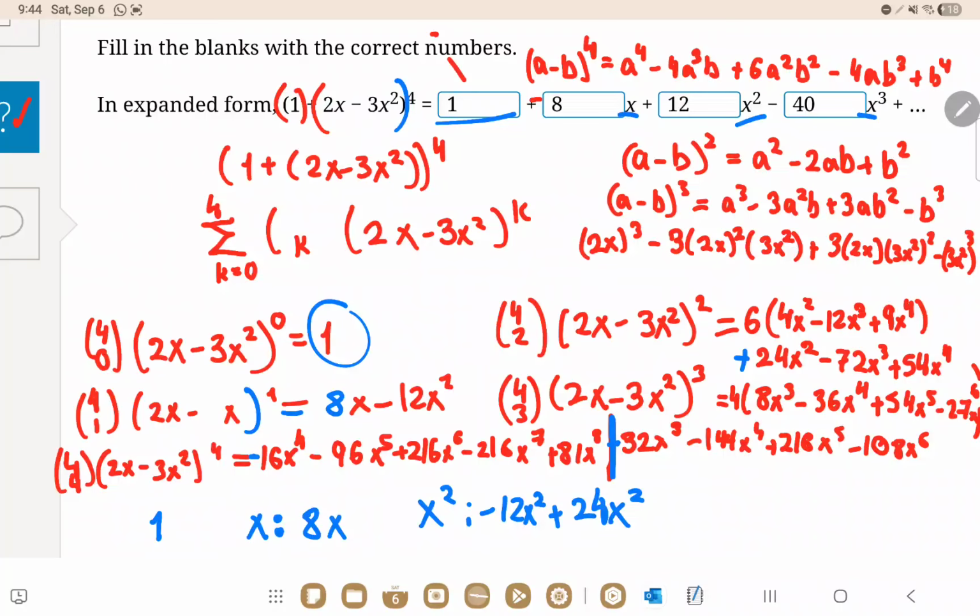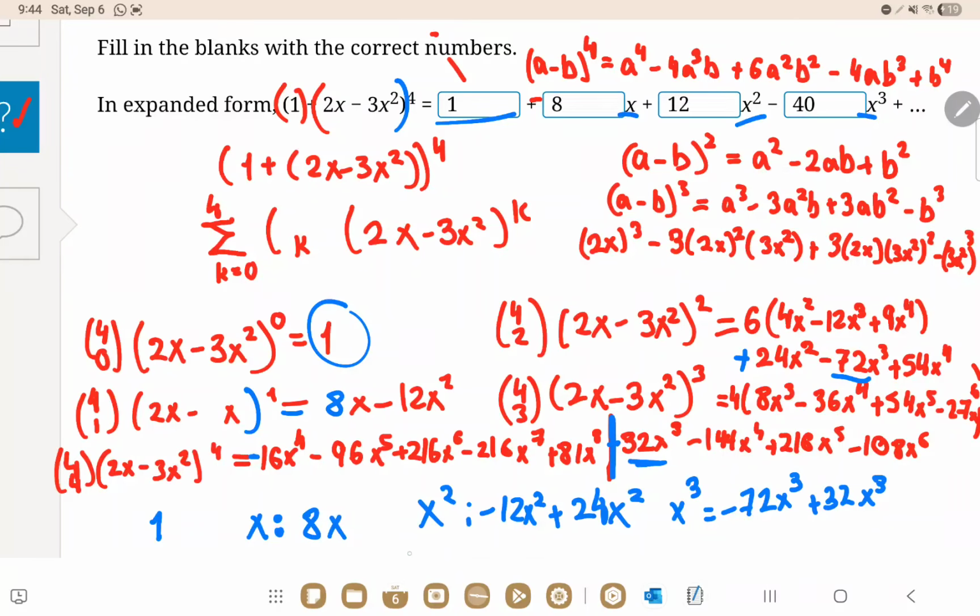And then we take our x cubed values: negative 72x cubed plus 32x cubed, and these are our only two x cubed values. There's a 32 here and the negative 72 in here. So we only need these because our equation goes up to only x cubed.